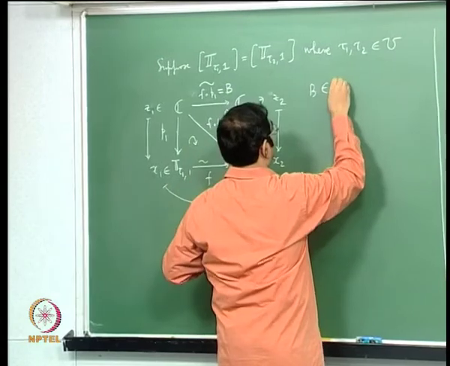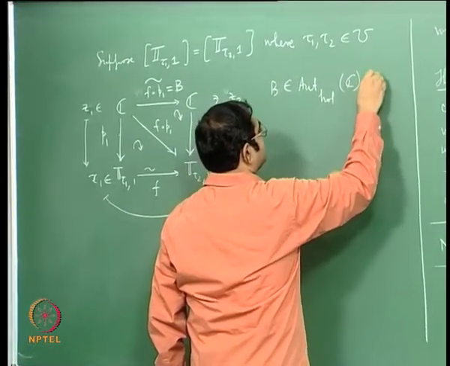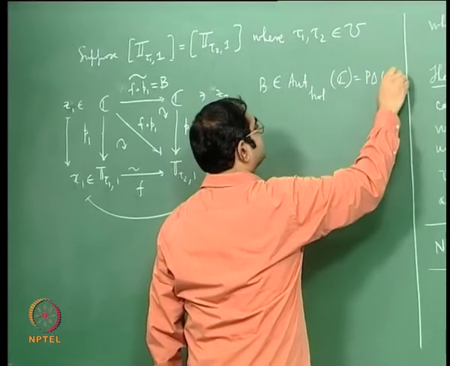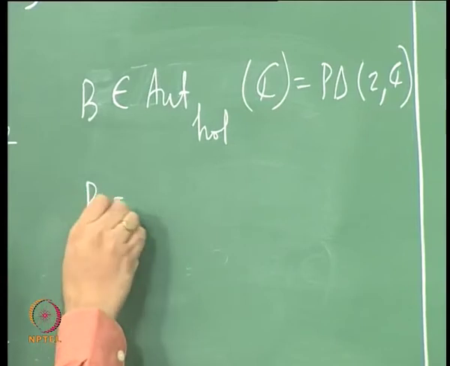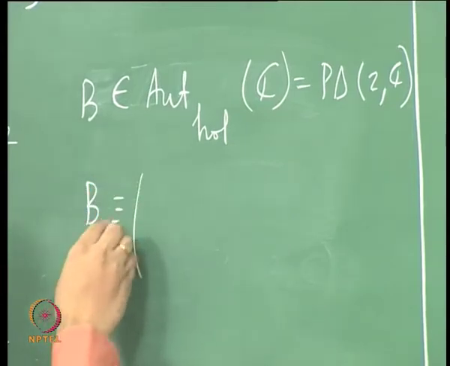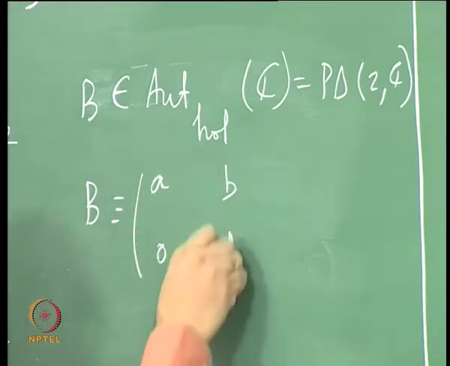So B is a holomorphic automorphism of C, so it is an element of PSL(2, C). B can be given a matrix representative in PSL(2, C), namely (A, B; 0, D).